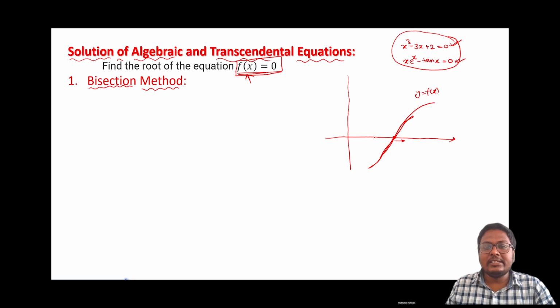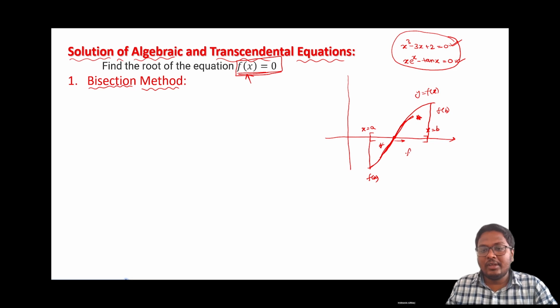Here you can also see one thing. Suppose this is my interval, x equals a and x equals b. The functional value here is f of a, and this is the functional value f of b. Intersecting means it goes from this side to this side. This side's functional value is negative and this side's is positive.